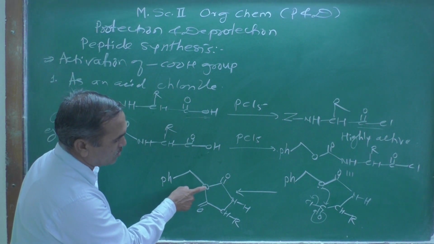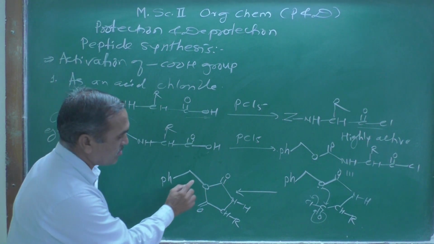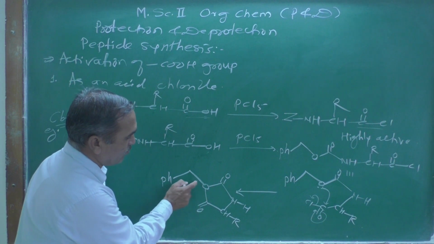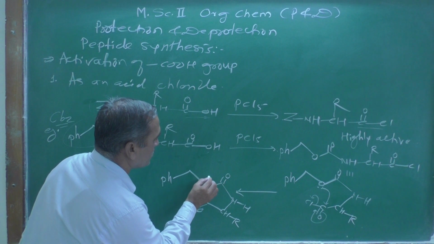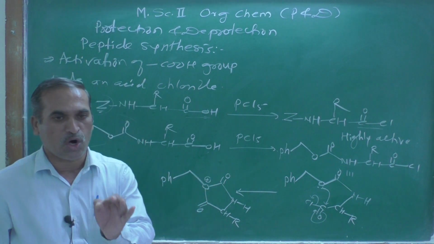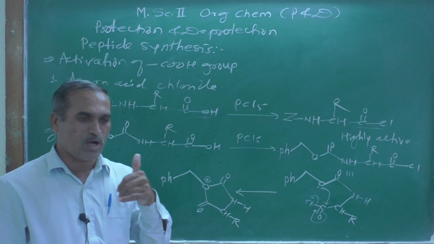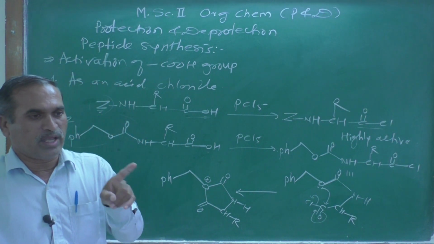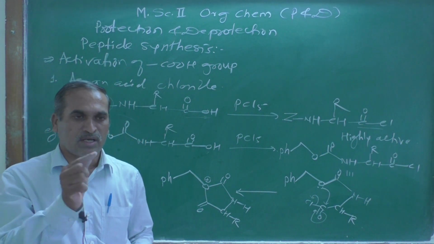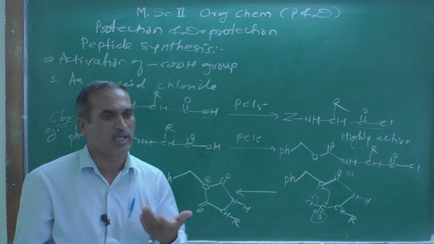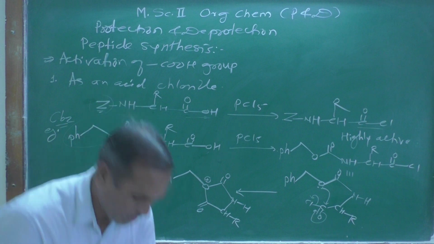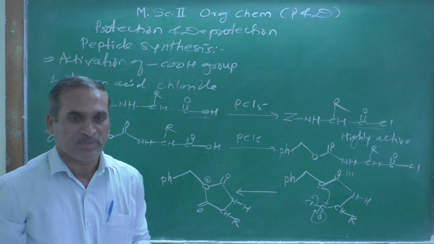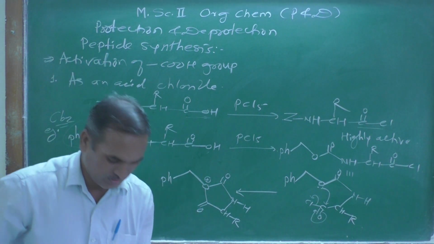Look at the oxygen atom. It has 3 bonds here: 1, 2, 3. Therefore, a positive charge comes on the oxygen atom. As I already told you, whenever a positive charge comes on the more electronegative atom, that species becomes highly unstable in nature.